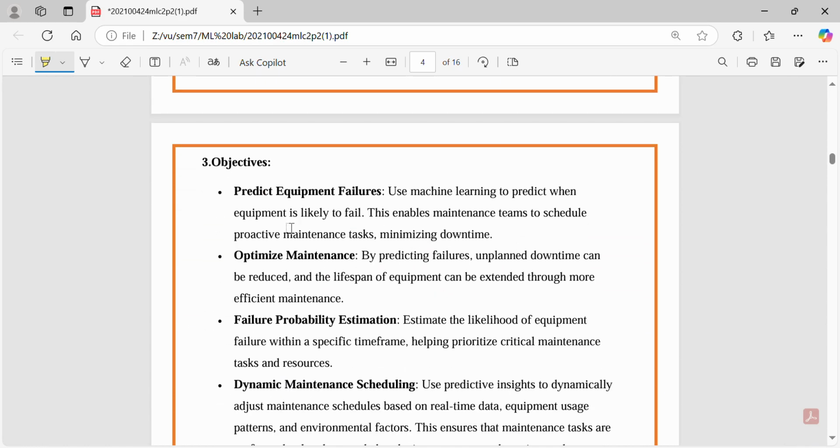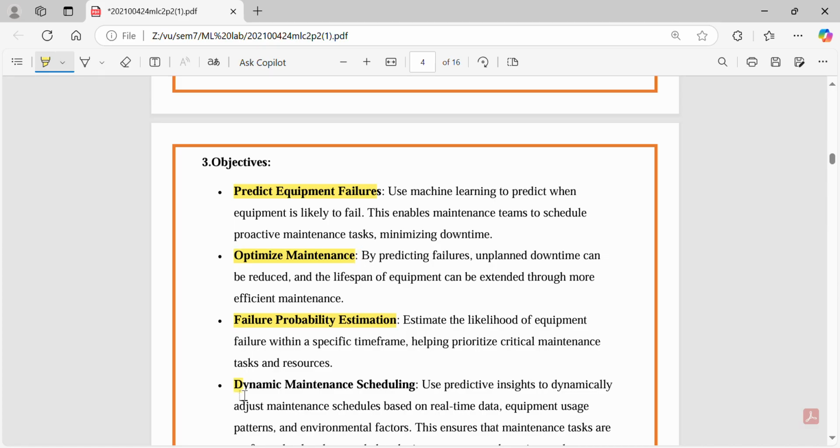So our main objective is why ML is suitable. It would predict equipment failures earlier. It is used to predict when the equipment is likely to fail, for proactive maintenance tasks, failure probability estimation, and even optimizing the maintenance.